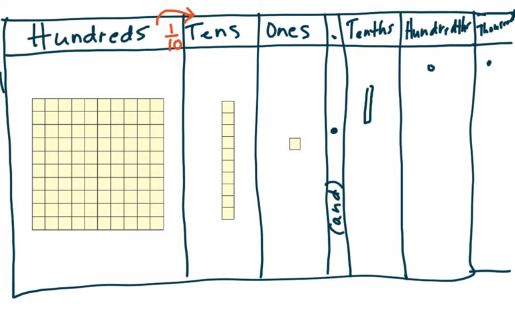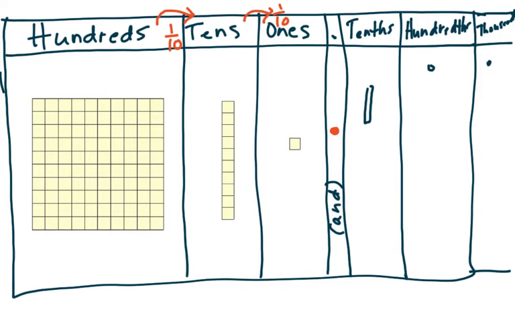We divide it into 10 equal parts. So when we move from hundreds to tens, we break that 100 into 10 equal parts. When we move from tens to ones, we divide that by 10. The decimal point here, we say the word and.